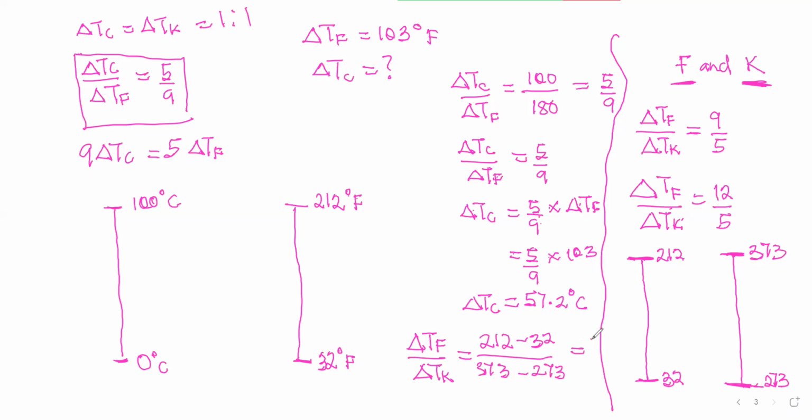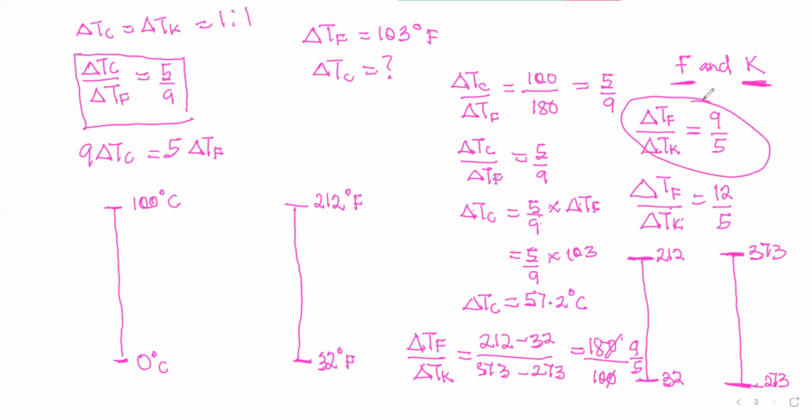This is giving us 180 divided by 100, which is actually 9/5. Oh, okay. It's the same thing that has been done. I get it now.